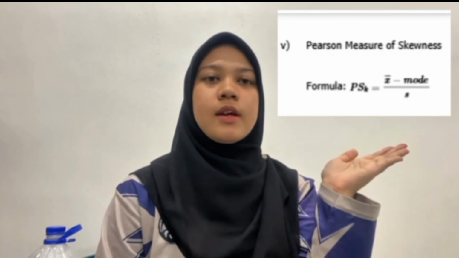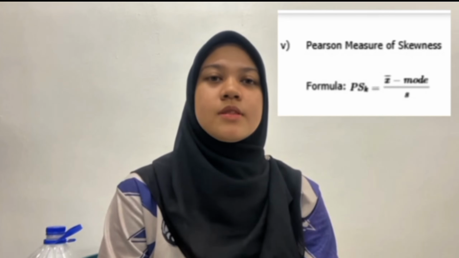Alright, so this part is about skewness. Basically, we want to see if the data is more packed on one side, like on the left or the right. So we use this formula and it is pretty simple. In our case, the mean is 175.5, the mode is 113.5, and the standard deviation is 57.92.